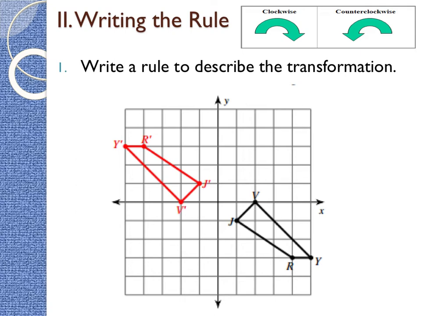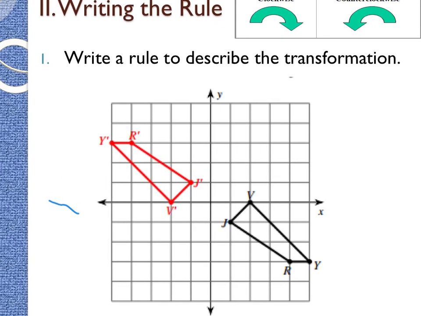Okay, we're going to write a rule that describes the transformation. So I know that the original figure is the one I'm going to shade with gray. And I know that because of the prime. So if I just go to J, my original J was 1, -1. Okay, J prime went to -1, 1. So if I want to trace it back, this is 180 degrees.